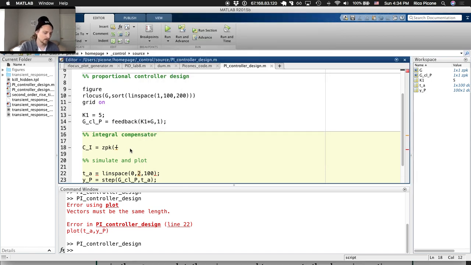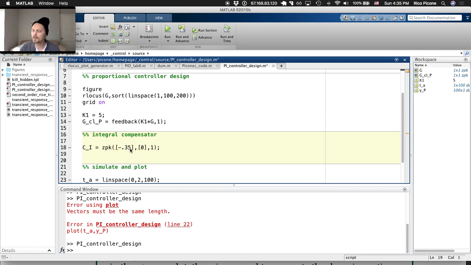So negative 0.35, and then our pole for an integrator is always at 0, right? And then we'll just have a gain of 1, and we'll adjust the gain separately. So there's our compensator. And first, let's just close the loop and just place that in.